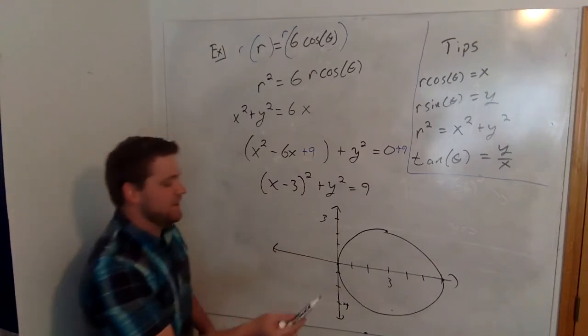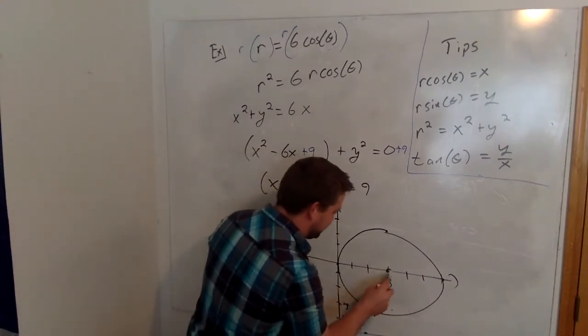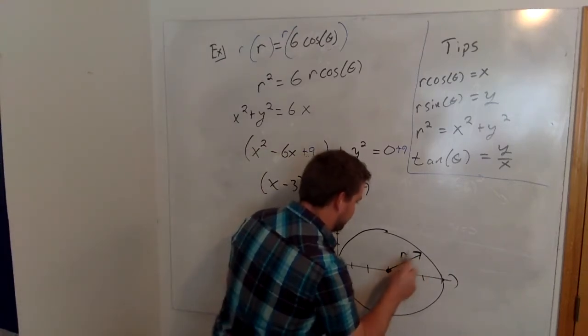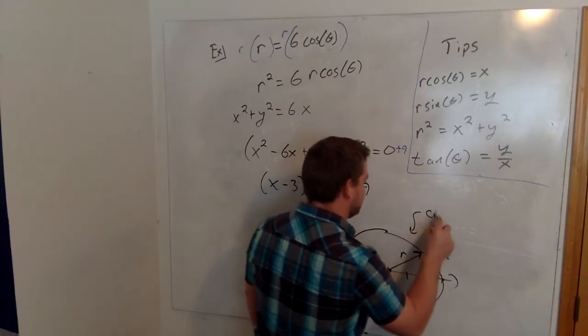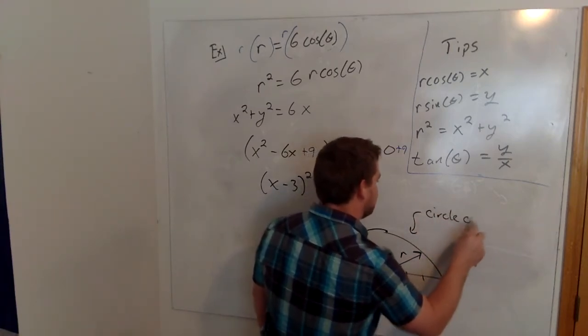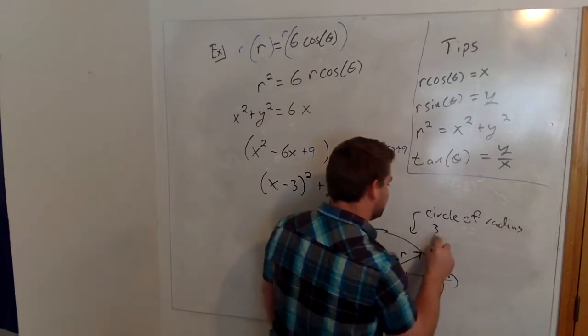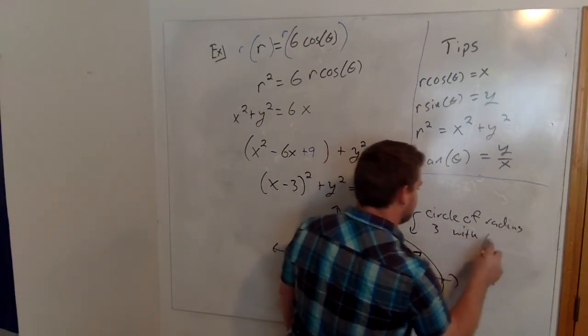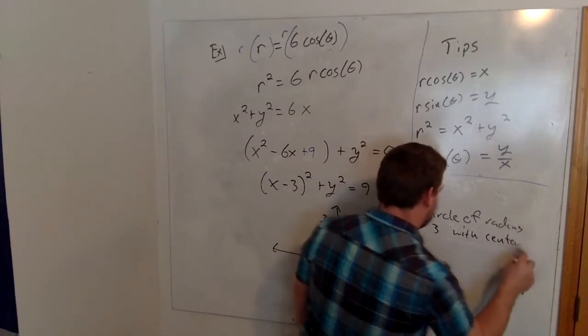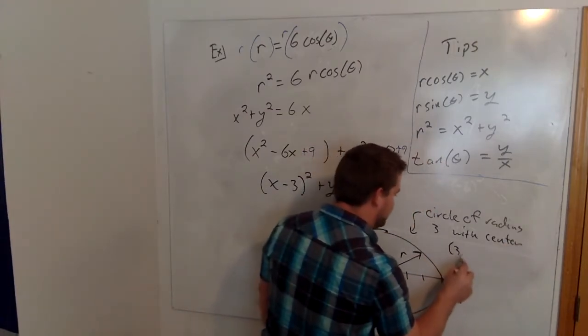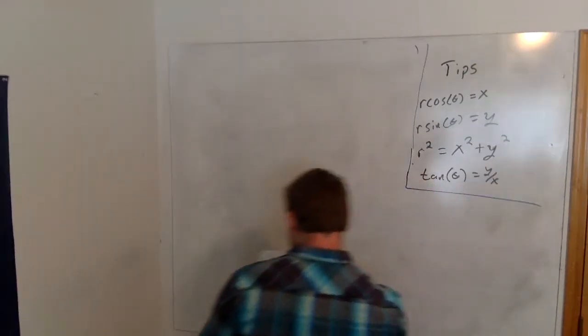It looks more like an ellipse, but it's a circle. This is a circle of radius 3, with center, let's see, its center will be at 3 and 0.